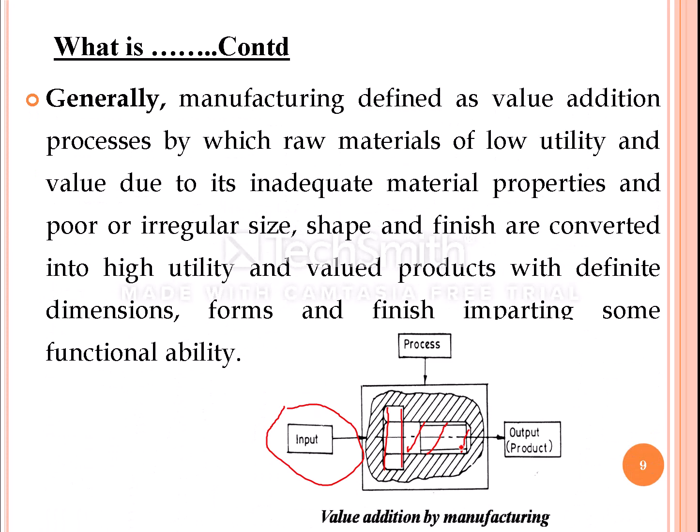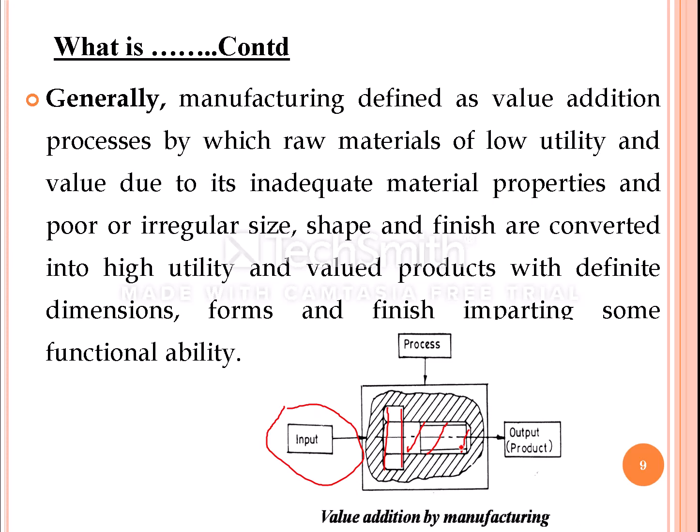So in general, manufacturing is defined as the value addition process by which raw materials of low utility and value, due to inadequate material properties and poor or irregular size, shape, and finish, are converted into high utility and valued products with definite dimensions, forms, and finish, imparting some functional ability.